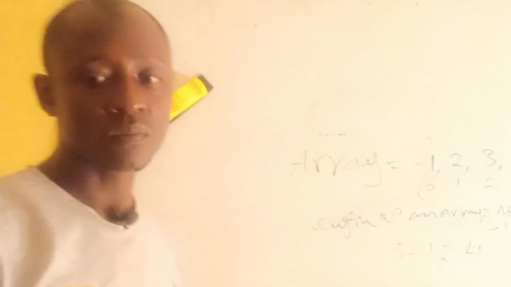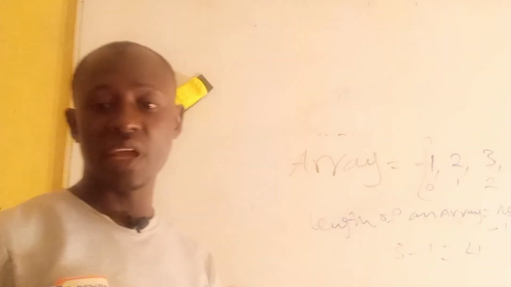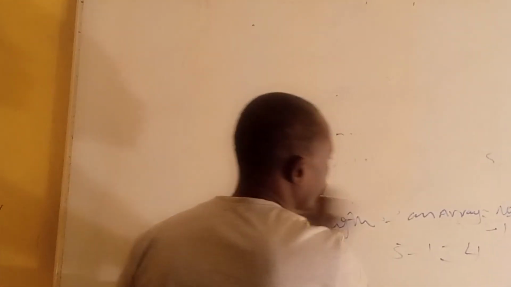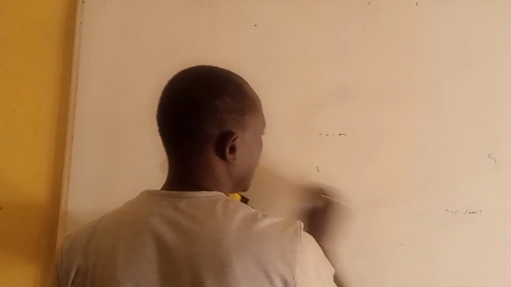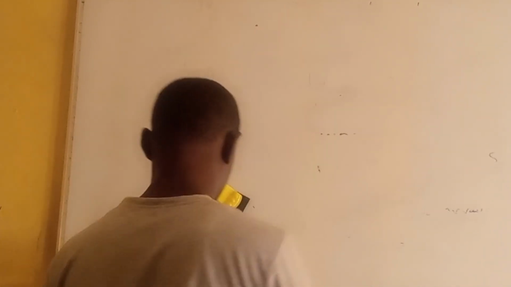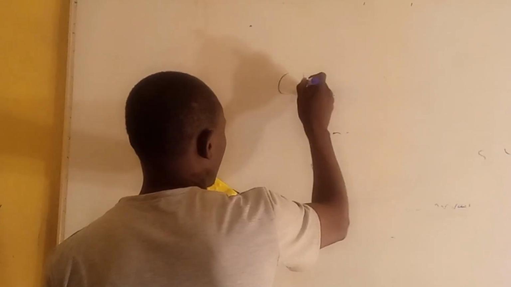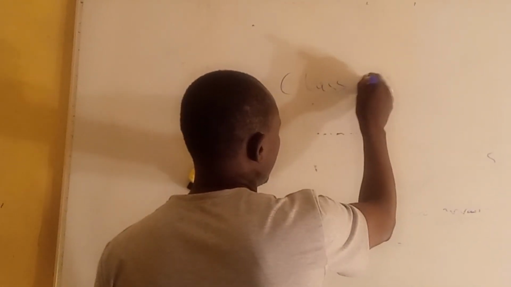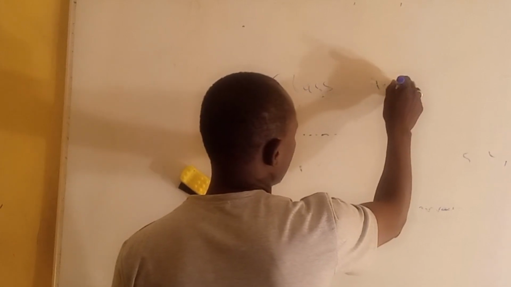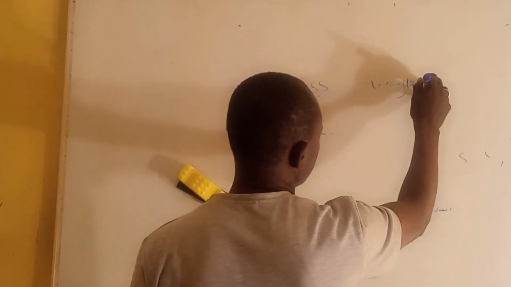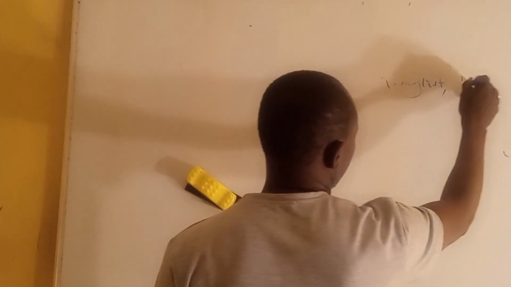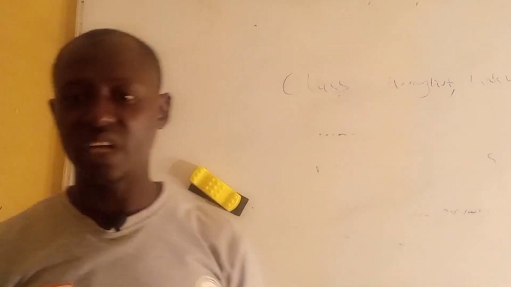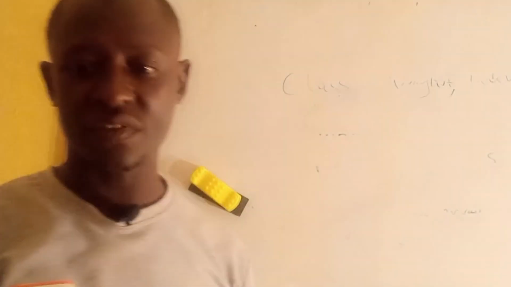Examples of classes are ArrayList and LinkedList. So this is what we have in the list interface.